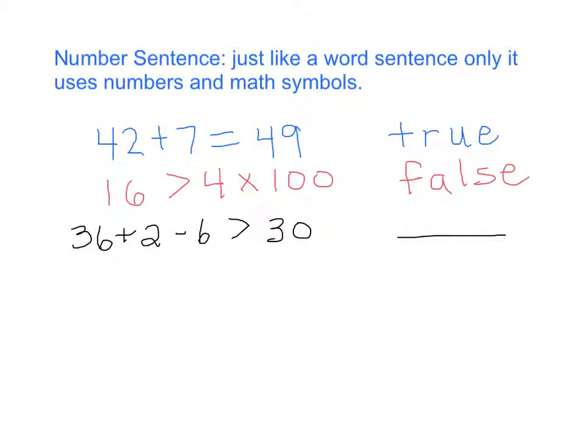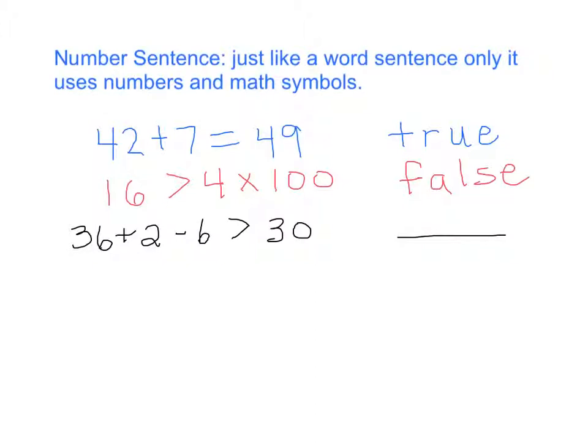Well, let's figure it out. 36 plus 2 gets us to 38. Take away 6 brings us back down to 32. Is that greater than 30? Why, yes it is. Therefore, you could fill in the blank with true.